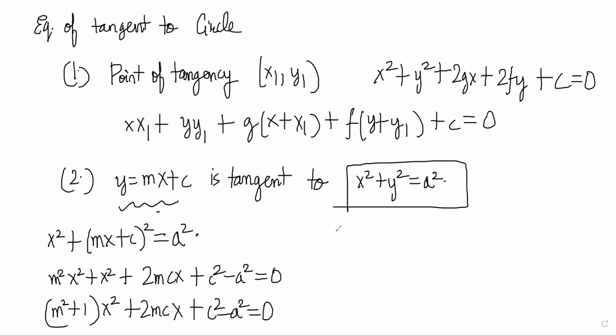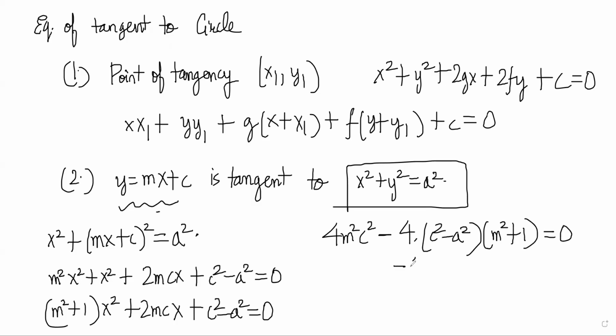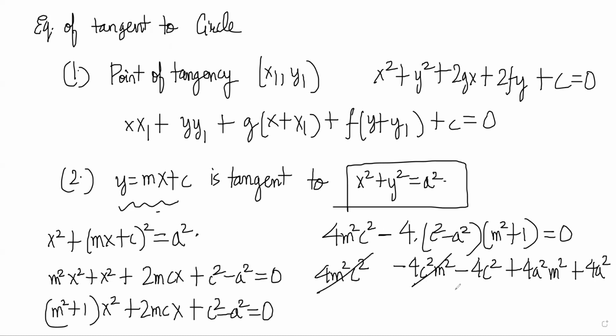And putting discriminant equal to 0, you get 4m square c square minus 4 times (c square minus a square) times (m square plus 1) equals 0. So you get minus 4c square m square minus 4c square plus 4a square m square plus 4a square. And here you have 4m square c square, which gets cancelled here. So finally, what we are getting is this is equal to 0.